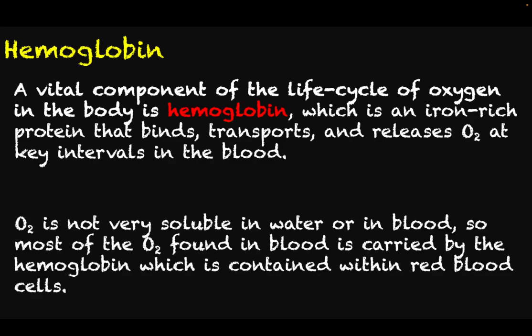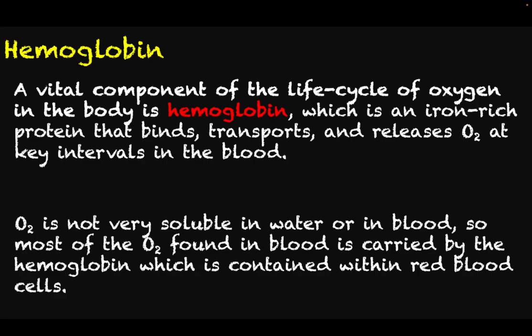The reason why hemoglobin is necessary is because oxygen is not very soluble in water, and blood is a water-based medium. So if you want to infuse the blood with as much oxygen as possible, you need something to solubilize it. You need something to carry it around.